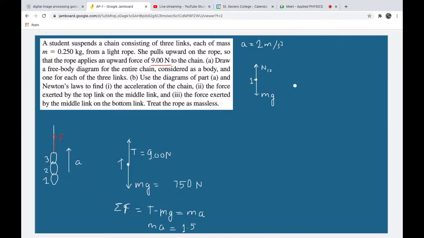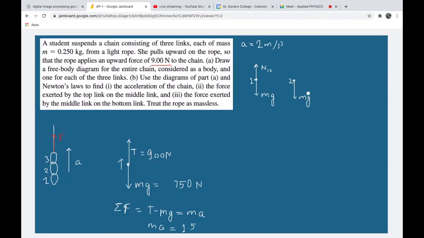Now we go to this one, second link. So all I'm going to do is, now on the second link, if you look, what are the forces acting? So its own weight will work downward. So the weight of the second link, which is again mg only, it is nothing different. It will work downward.